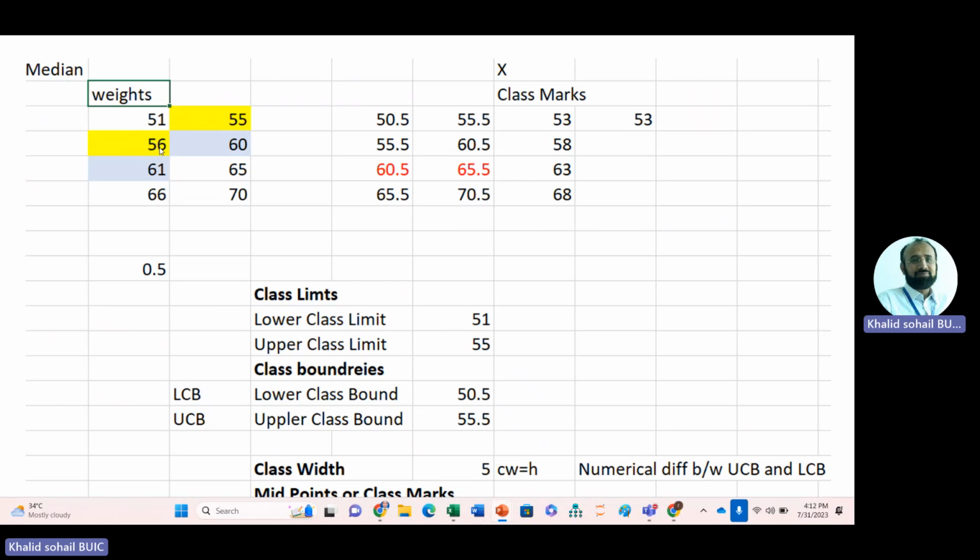The difference is 1, and we divide it by 2. So 0.5 is the number that would be used to convert these class limits into class bounds.